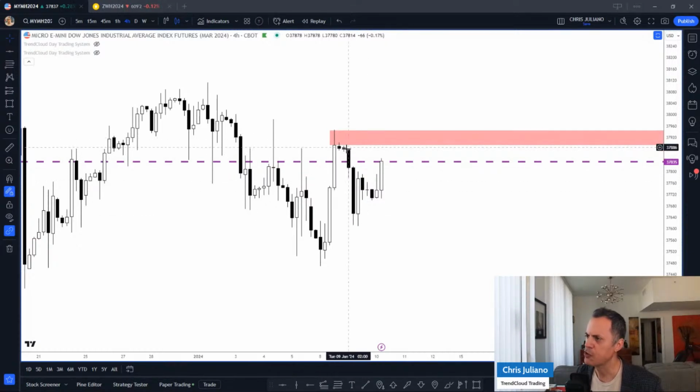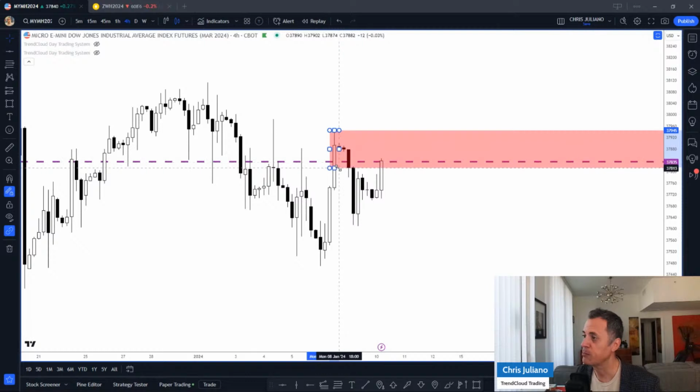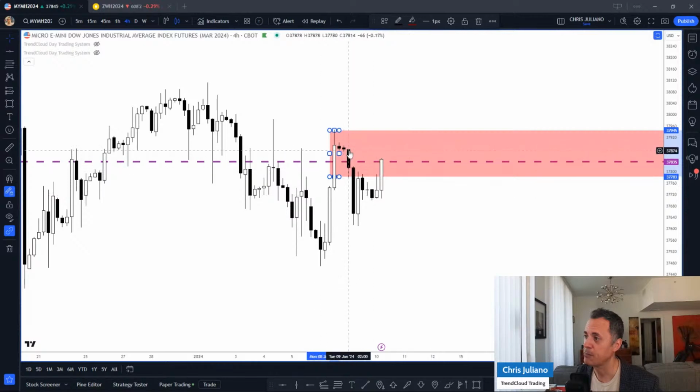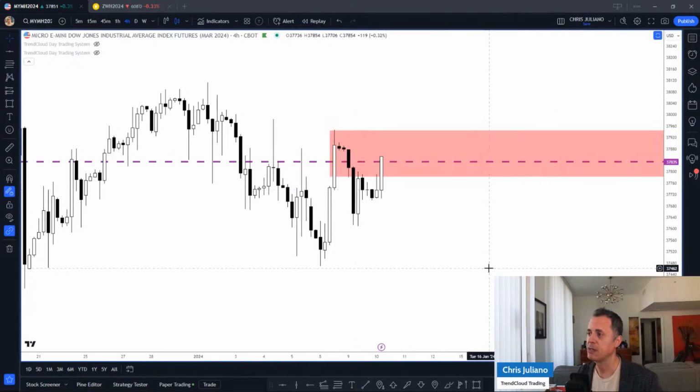Did this formation break any structure? No. It went from rally, base, drop, okay? So we'd be drawing it like, here's the full zone right there. Rally, base, leg out. Here's your leg out. Does everybody see that these are 3 basing candles inside of the 4 hour chart?